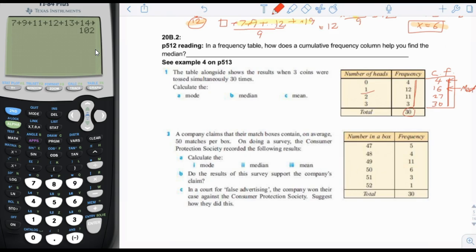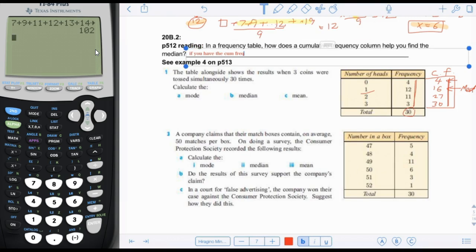So we're going to write here that if you have the cumulative frequency column, you can just check to see which row includes the middle index to see which row is the median data.